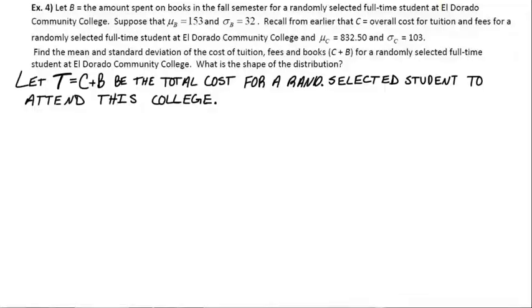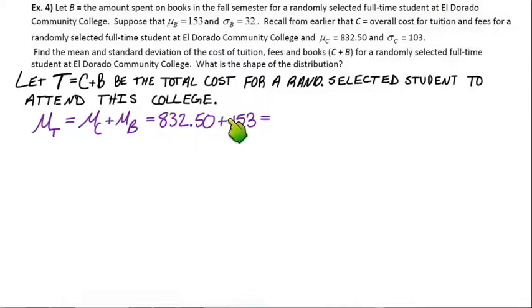Then the average total cost, the mean of T, is actually pretty simple. You just do the mean of C plus the mean of B, and we're given both of those. So 832.50 plus 153 is $985.50. So that's the average total cost for a randomly selected kid at this college.